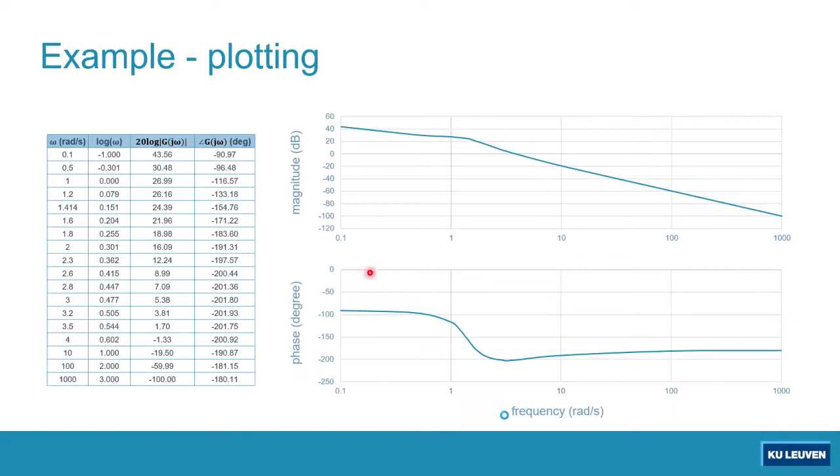So this is the plot of the phase of the Bode diagram for my G(j omega). These are the two plots of the Bode diagram that normally we have to present for our G(j omega).